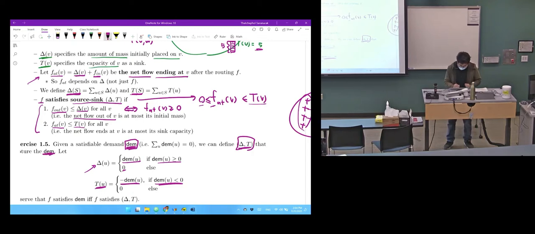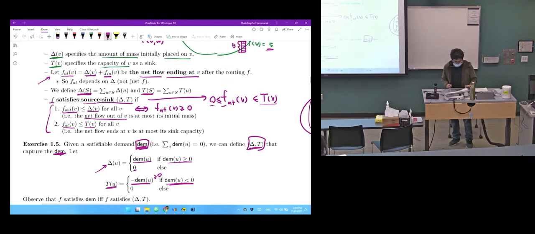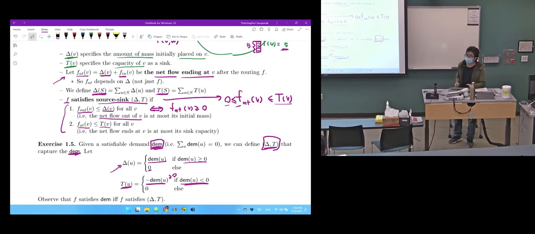So this is again a positive thing. We can write it as the delta V equals the maximum of demand V and 0. And the sink function is the minimum of 0 and the demand V. Yes, right, exactly.